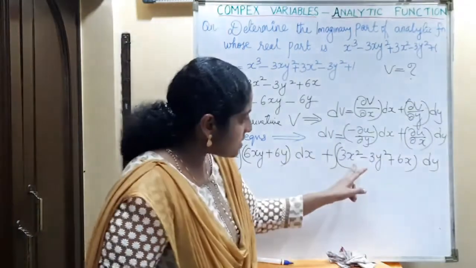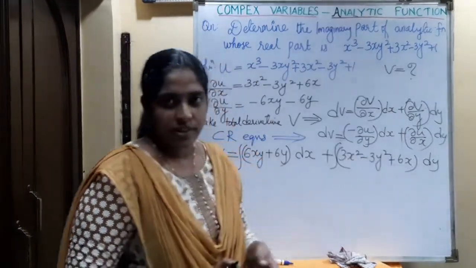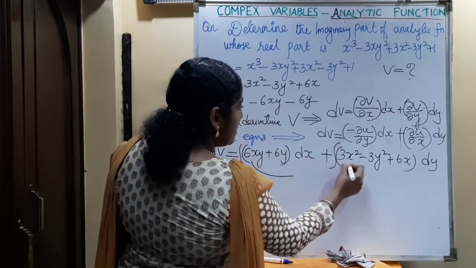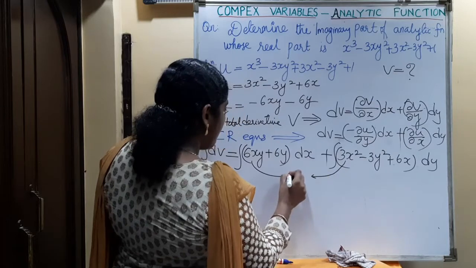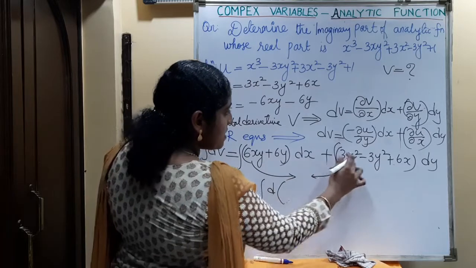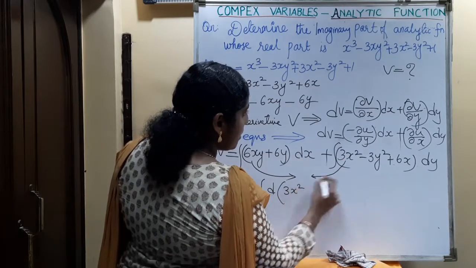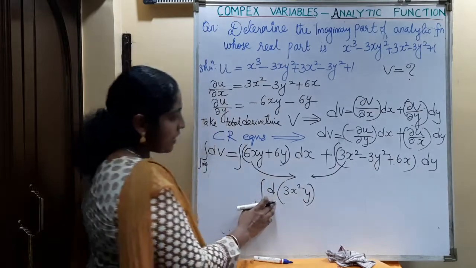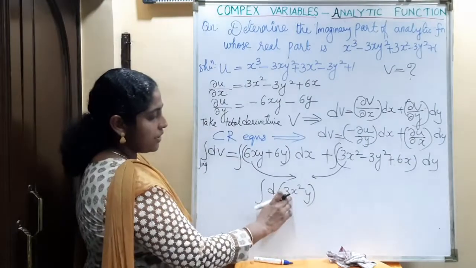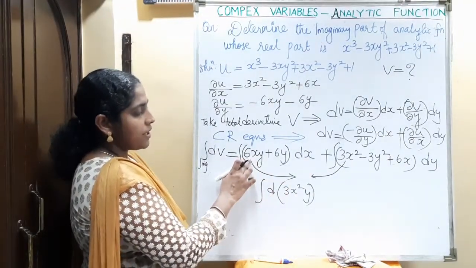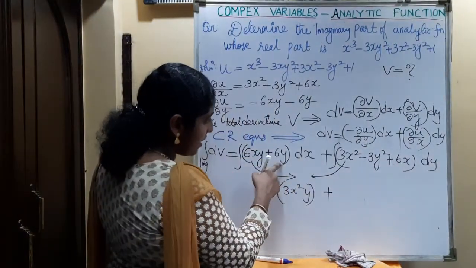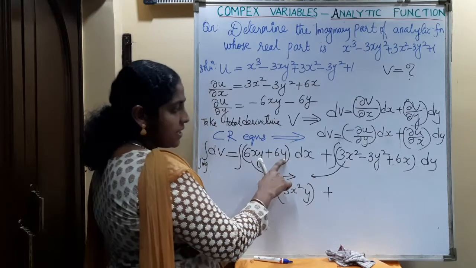We can combine the 6xy dx and the 3x square dy as the integral of d of 3x square y. That is 3x square into dy plus y into the derivative of 3x square, which is 6x dx.